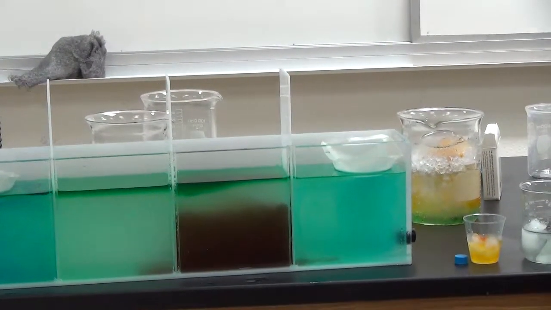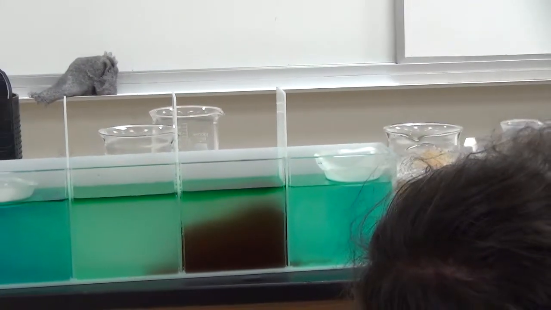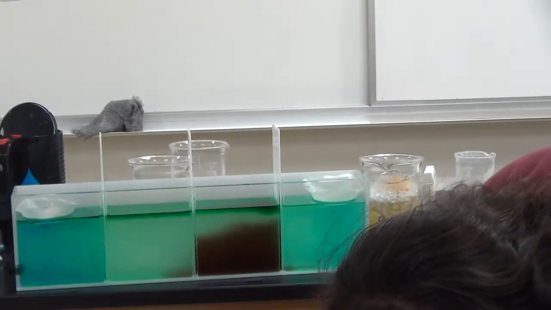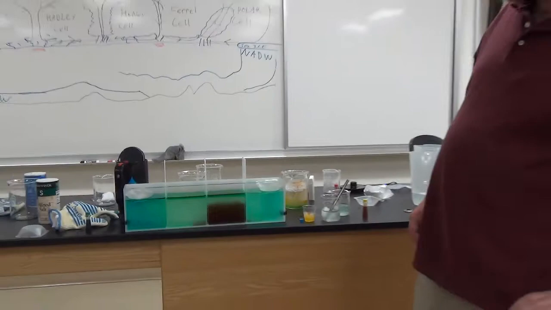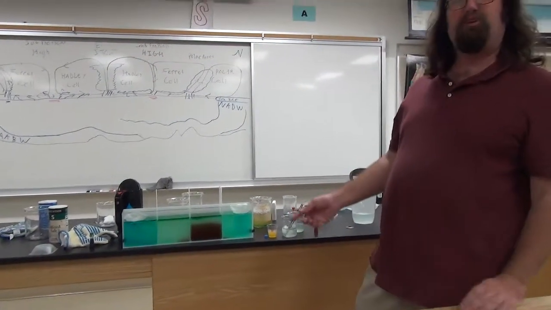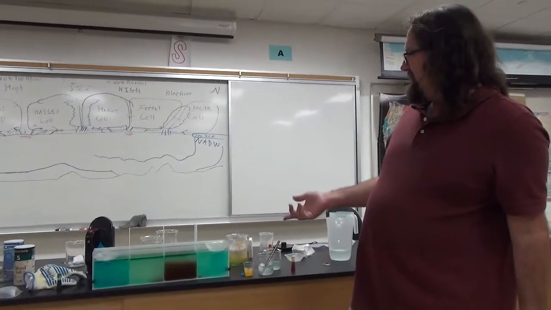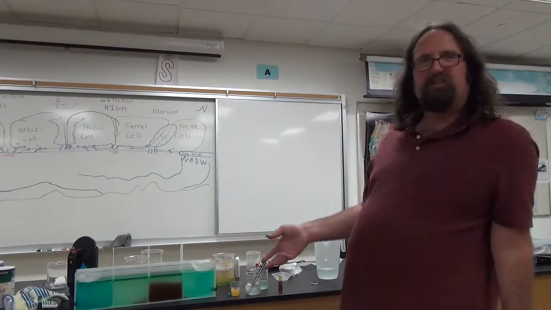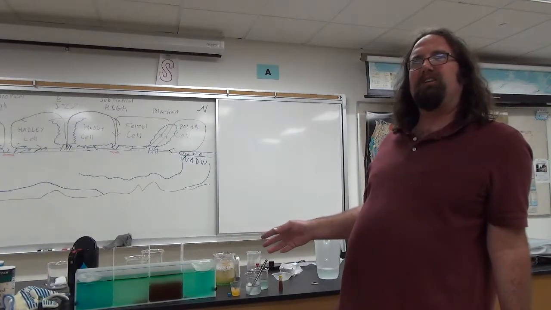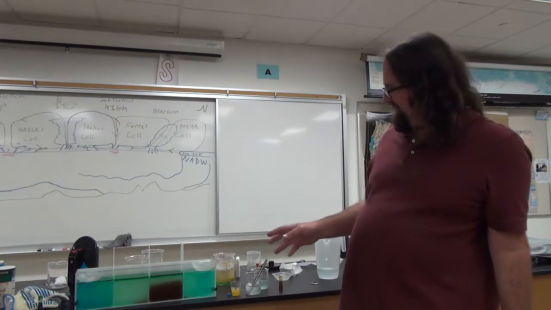Now one of the questions people often ask is which of these is going to be a more efficient and vigorous formation of deep water: the North Atlantic deep water, or the brine rejection by sea ice formation, or this evaporation in the subtropical oceans?